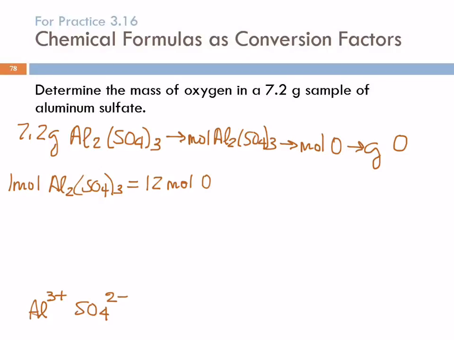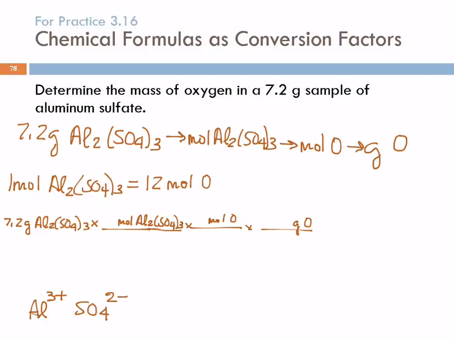I'm going to try to write small so I can get this all on one line. 7.2 grams of Al2(SO4)3. 3 arrows, 3 conversion factors. Next is moles of Al2(SO4)3. Next is moles of oxygen, and then grams of oxygen.